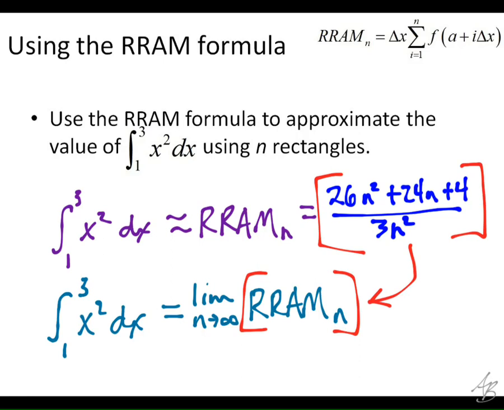So we can just take the limit as n approaches infinity of this rational function right here, and that's going to give me the exact value of this integral.